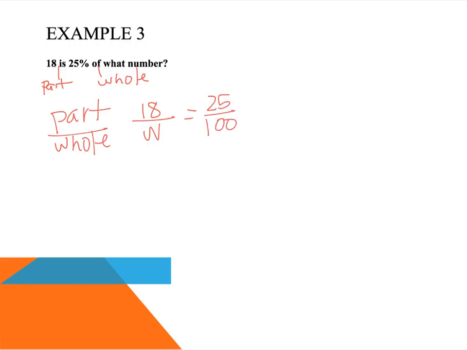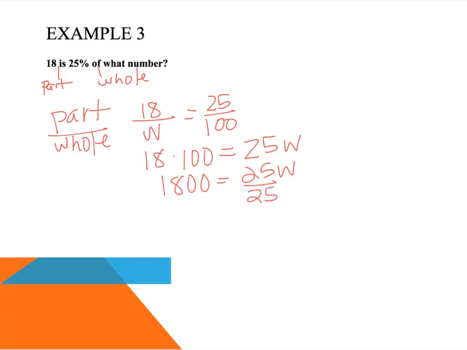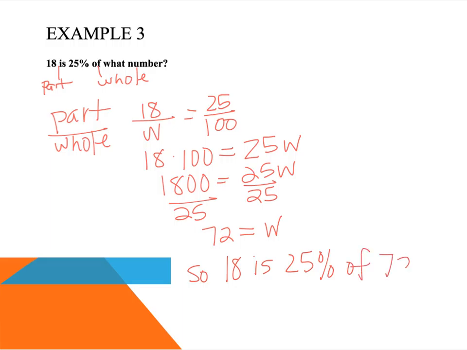So we cross multiply and we do 18 times 100 equals 25W. So we have 1800 equals 25W. Divide by 25, and we get 72 is equal to W. So 18 is 25% of 72.